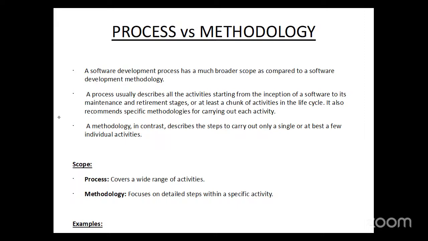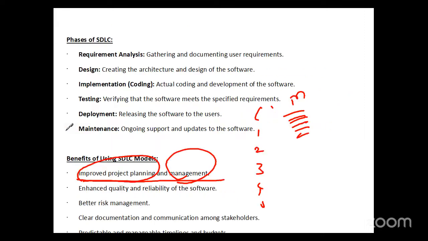The current status of the project can be easily identified with the help of improved project planning and management. That is the first benefit which we are going to get.